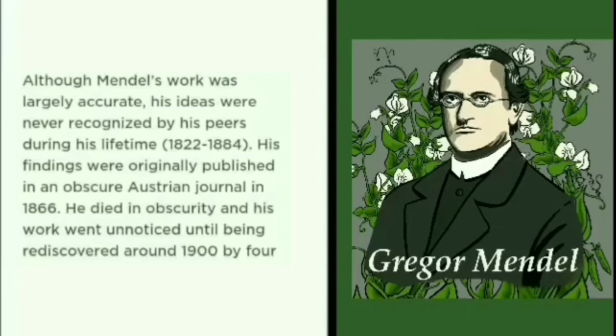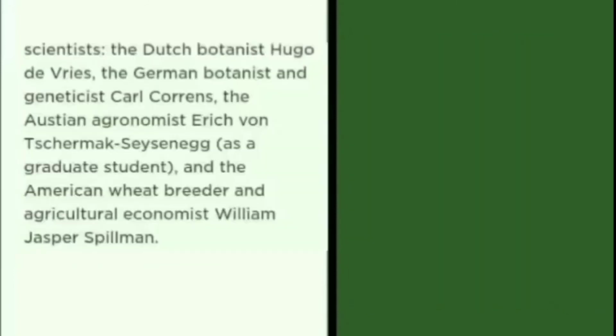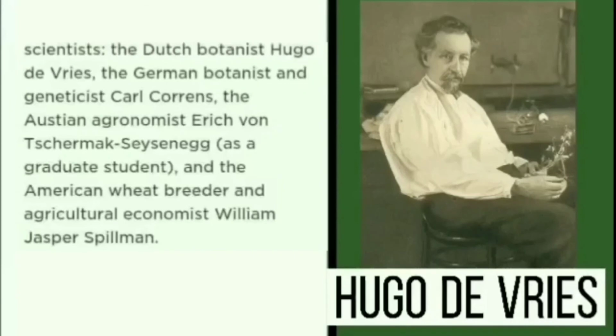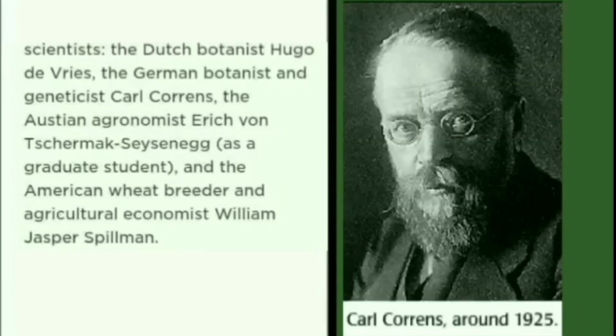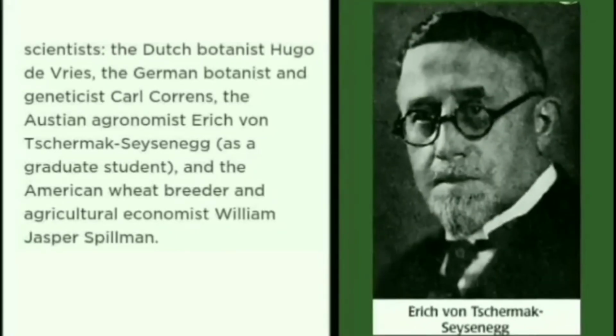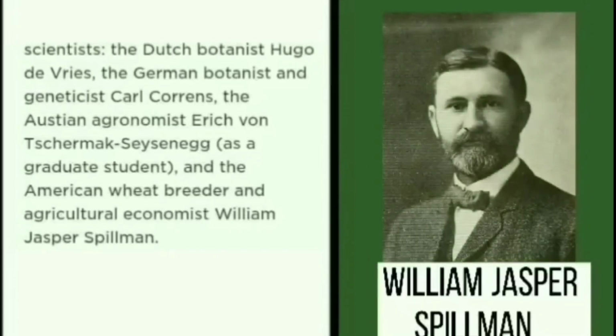He died in obscurity and his work went unnoticed until being rediscovered around 1900 by four scientists: the Dutch botanist Hugo de Vries, the German botanist and geneticist Karl Correns, the Austrian agronomist Erich von Tschermak-Seysenegg as a graduate student, and the American wheat breeder and agricultural economist William Jasper Spillman.